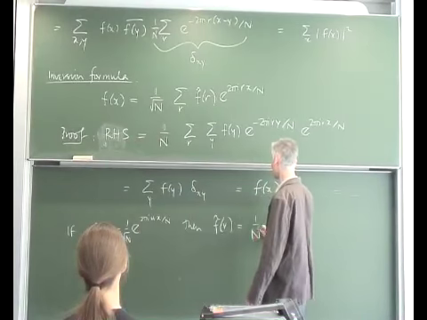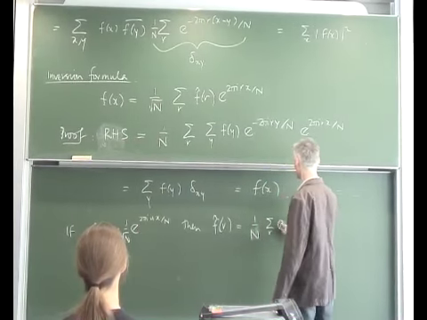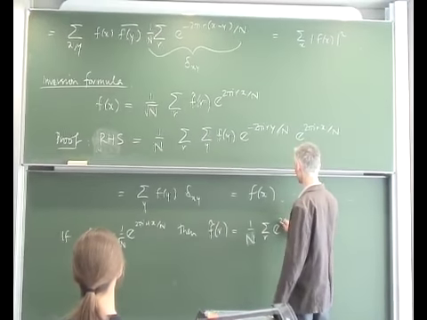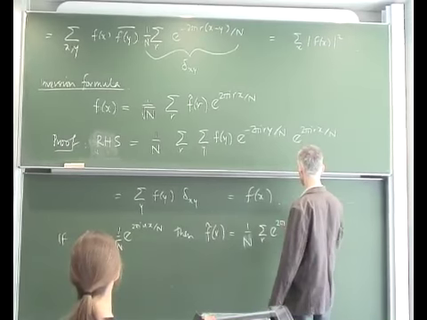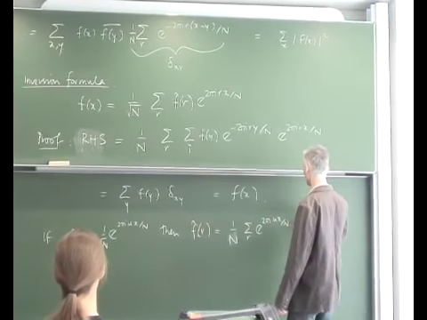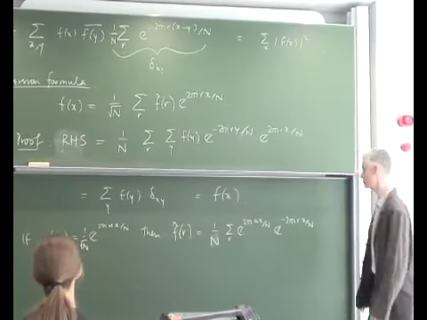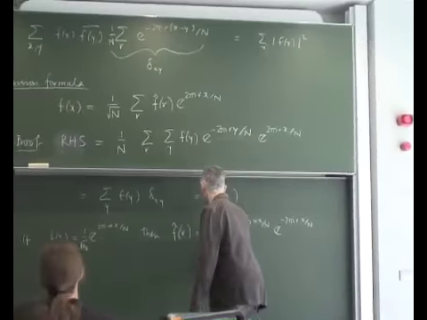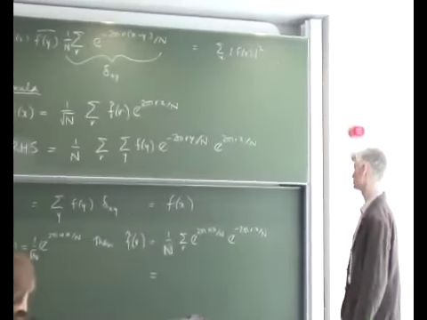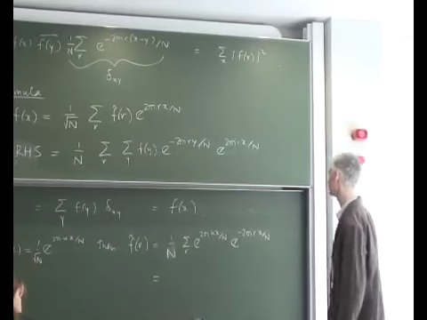If I apply the Fourier transform to that, then f hat of r is 1 over n, sum over x, of f(x), which is e to the 2 pi i u x over n, multiplied by e to the minus 2 pi i r x over n, which equals, I think, delta ru.